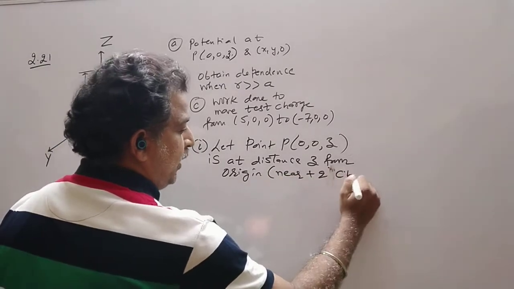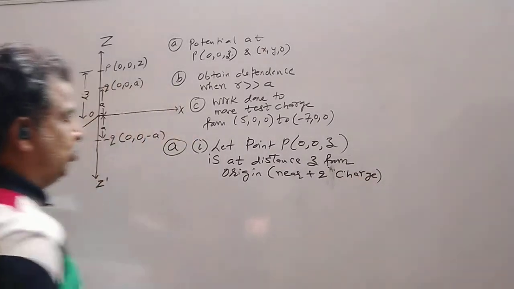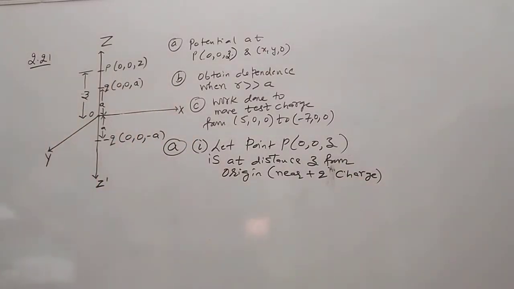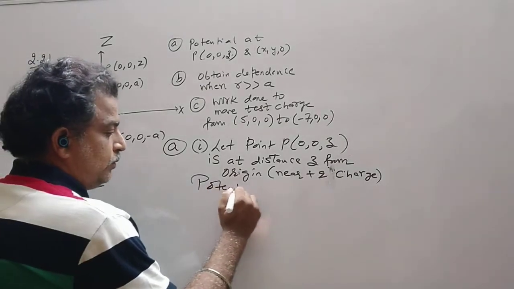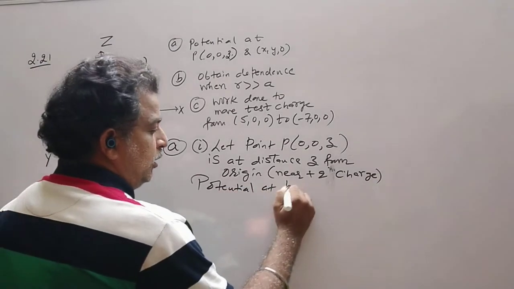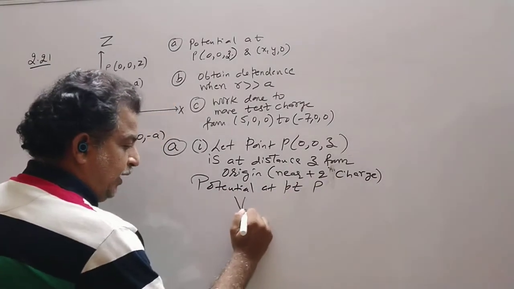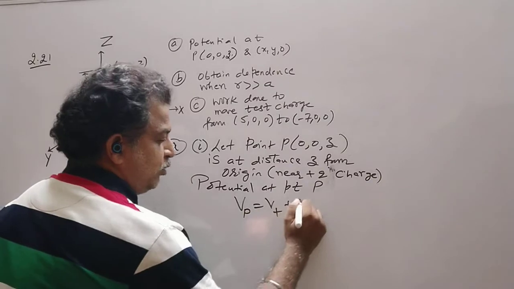So we are assuming it as near plus q charge. You may assume it near the negative charge also. Both are called the axis. Now you have to find out potential at point P. So as earlier, potential at P is due to plus q, and potential at P is due to minus q. So potential at point P, Vp is equal to V plus V minus.